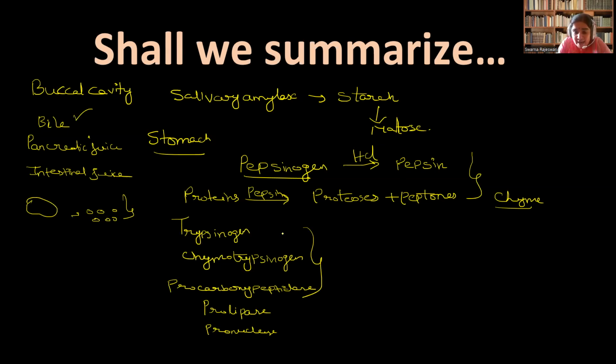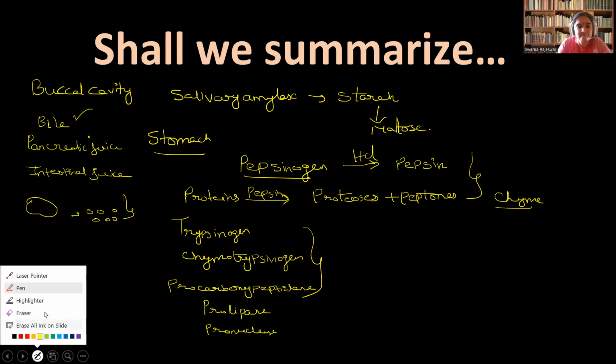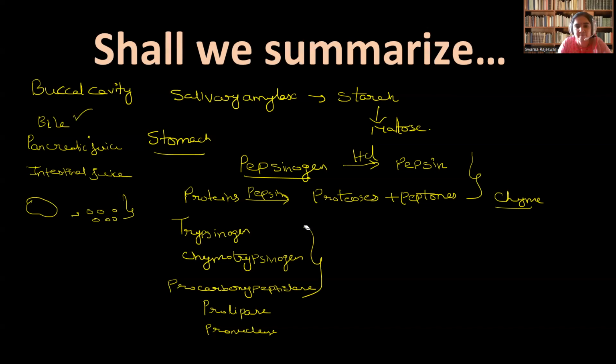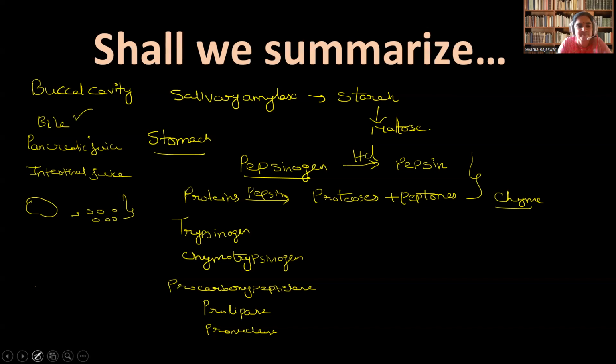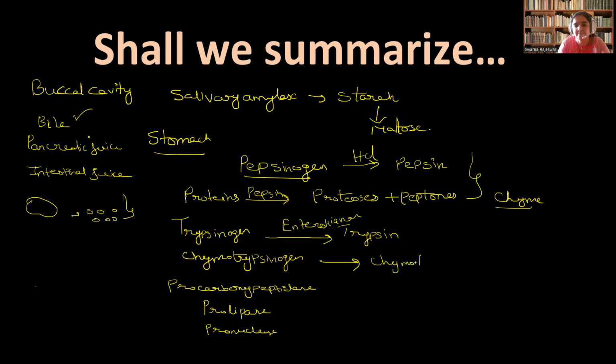Now, enterokinase. So now what happens? Enterokinase is an enzyme which converts trypsinogen into active trypsin. Okay. Now this trypsin again acts on the inactive chymotrypsinogen and converts it into chymotrypsin.